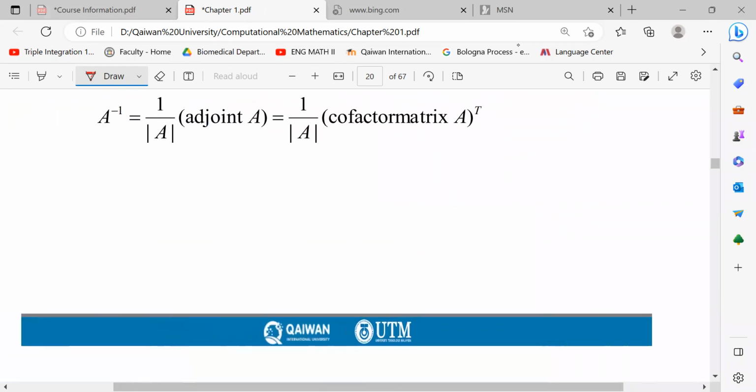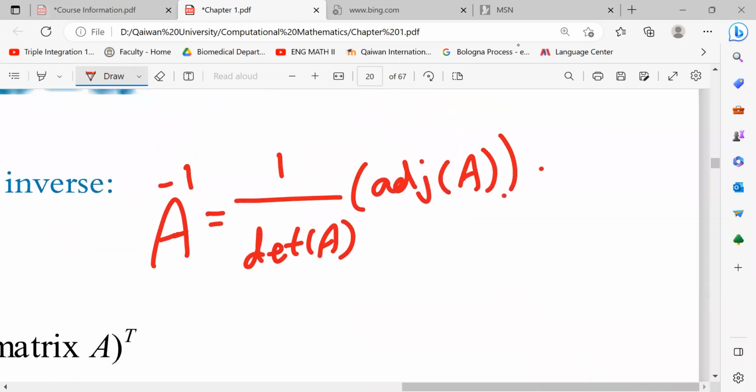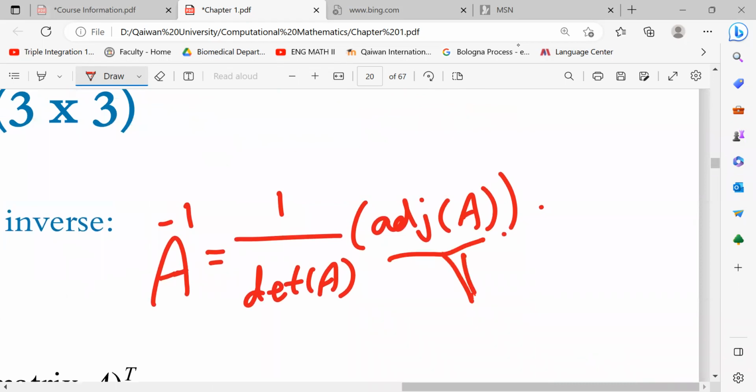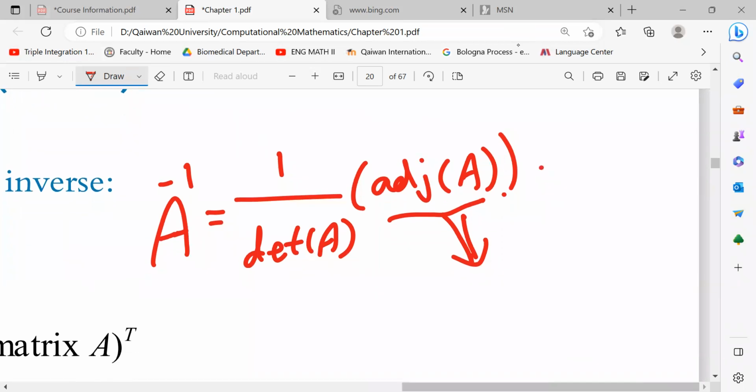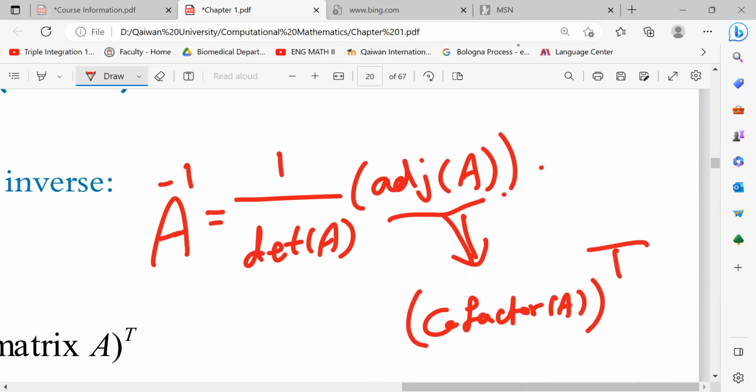We say the adjoint of a matrix is the transpose of the cofactor matrix. The transpose of the cofactor matrix is the adjoint.